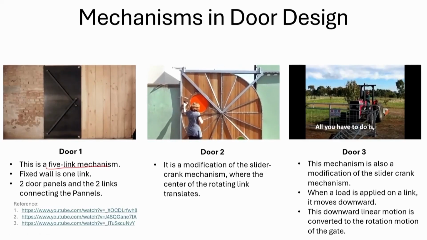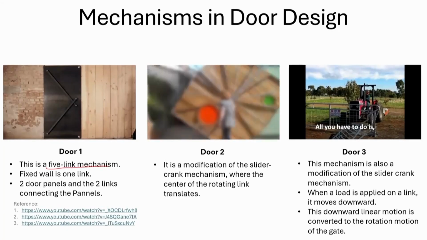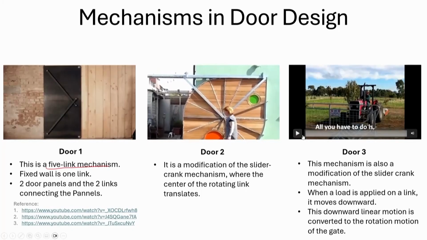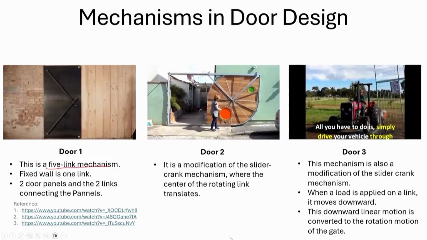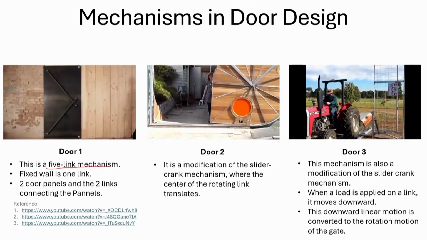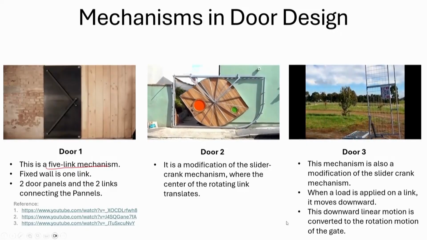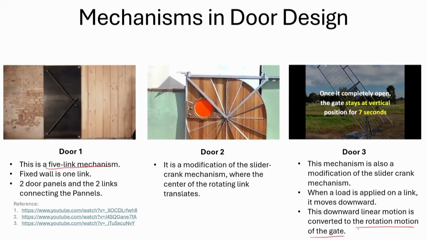It is a modification of the slider crank mechanism, where the center of the rotating link is translating. So, this is door 2, and then you see door 3. This mechanism is also a modification of the slider crank mechanism, and when a load is applied on a link, it moves downward. So, this downward linear motion is converted to the rotational motion of the gate.